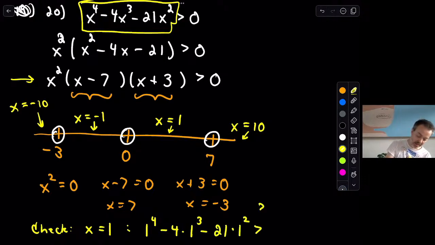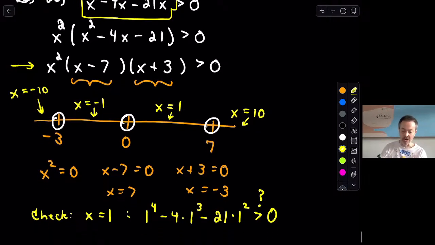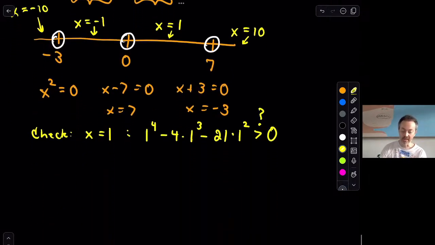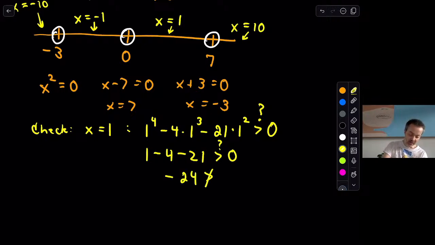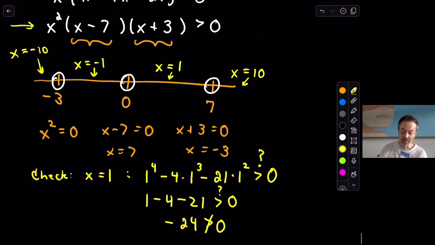And I'm thinking, is that greater than 0? If I replace all that, this is going to be 1 minus 4 minus 21. Is that greater than 0? No, 1 minus 4 is negative 3 minus 21 is going to be negative 24, which is certainly not greater than 0.